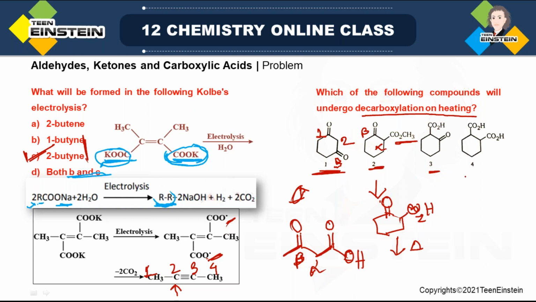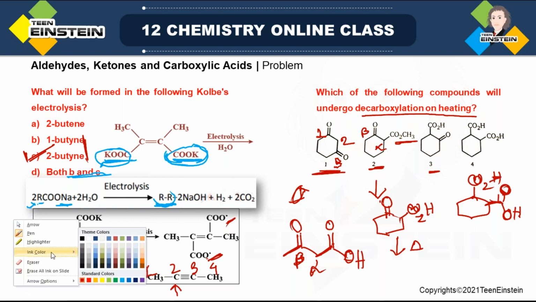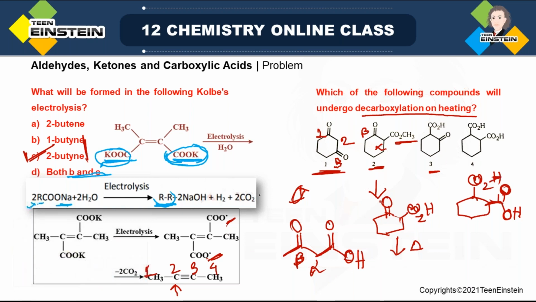And if you consider 4, if I write the structure of 4 elaborately, CO2H, then COOH. Now we have 2 CO2H groups, right? And you can consider the carbonyl group as the keto. So this is alpha position, this is beta position, this is gamma position.